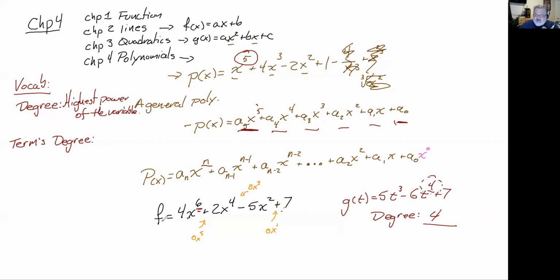So for this example down here, f of x, we've got a 6th degree term. This 2x to the 4th is our 4th degree term. This negative 5x squared, the negative has to come with it, is our 2nd degree term, and so on. So the degree of the polynomial is essentially the highest degree of any term in there.